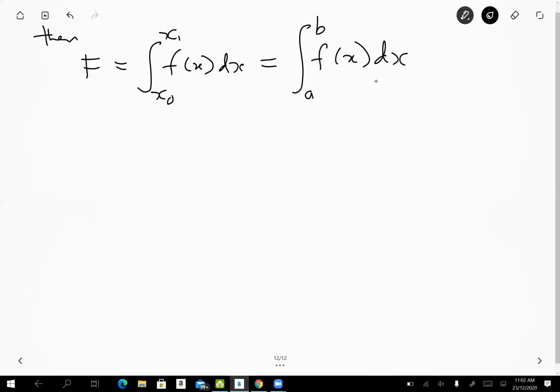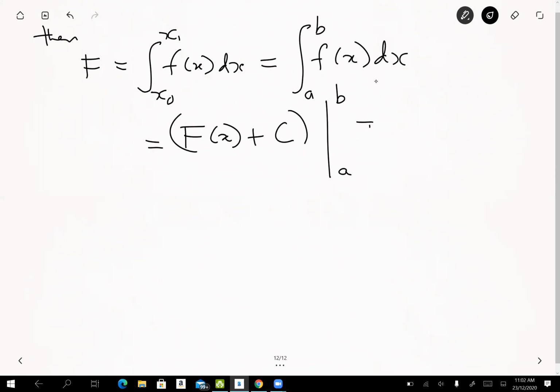And that is equal to F of x plus c, the constant c, evaluated at point a, point b.